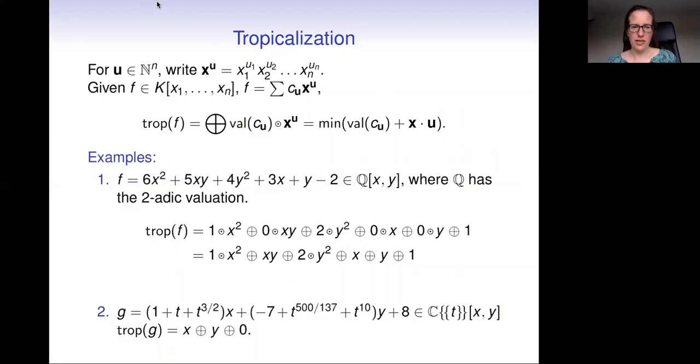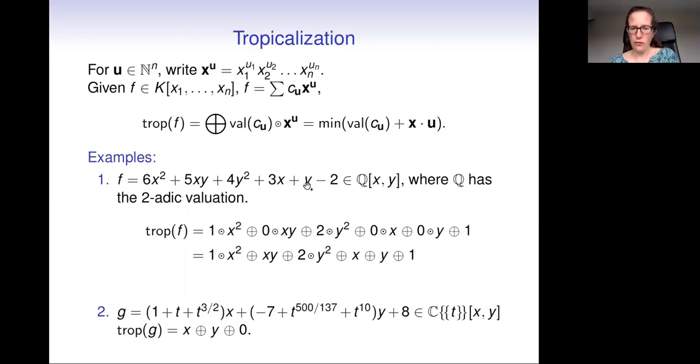Okay, so to see some examples, if I have the function 6x squared plus 5xy plus 4y squared plus 3x plus y minus 2. Here we're over Q adjoin x, y with the 2-adic valuation. Then I say to myself, how many powers of 2 divide 6? That's 1. How many powers of 2 divide 5? 5 is odd, so I write a 0. 4 is 2 squared, so that coefficient becomes 2. 3 is odd, so I get a 0.